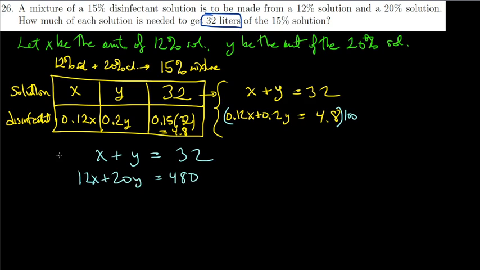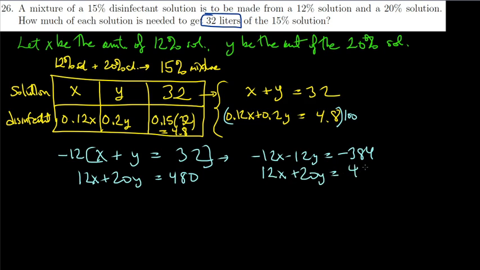And if you multiply the top equation by negative 12, you get negative 12x minus 12y equals negative 384. And we can leave the bottom equation alone because we're just going to add them together. We're going to eliminate x. So we get 0x plus 8y equals 96.